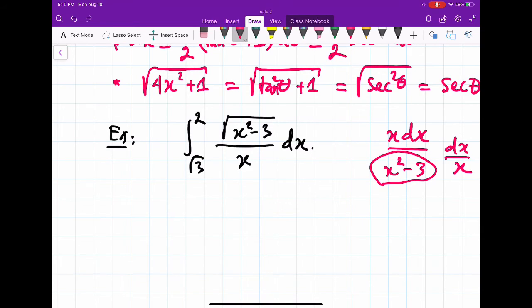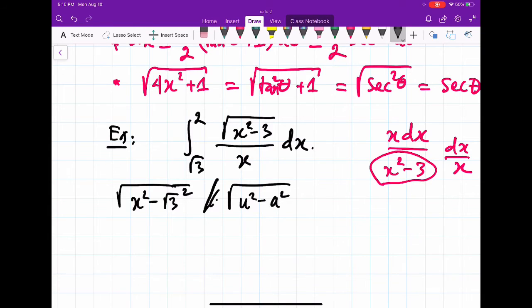All right, so we try to use trig substitution. You have the form x squared minus 3. So I can think about that as x squared minus square root 3 squared. So that is of the form u squared minus a squared, right? All right, so we do the following substitution.